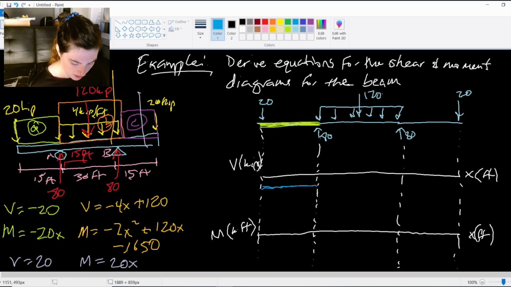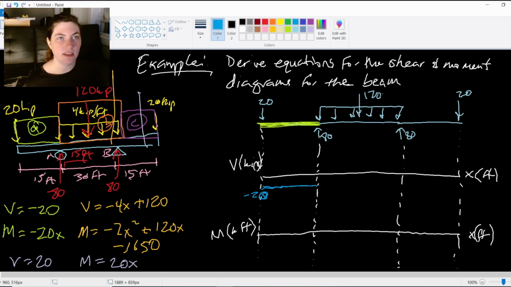That's it, just a -20. It's always good practice to go ahead and put the value of that line right by that line so you know what you're referencing. There's -20. And then my next section, the B section in orange, jumps it to -4x plus 120.